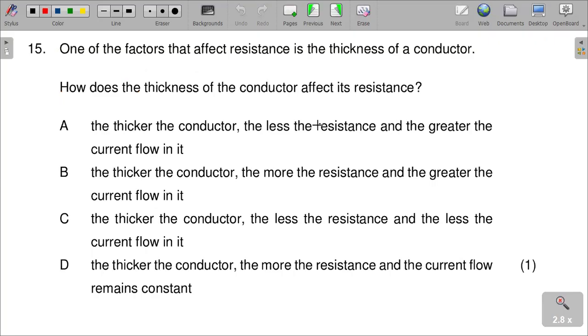The thicker the conductor, the less the resistance and the greater the current flow in it, which means A can be the correct answer.